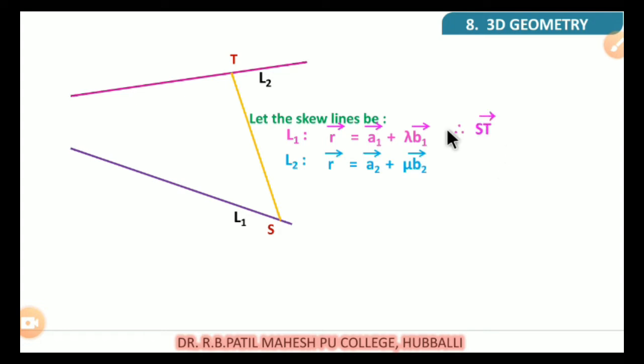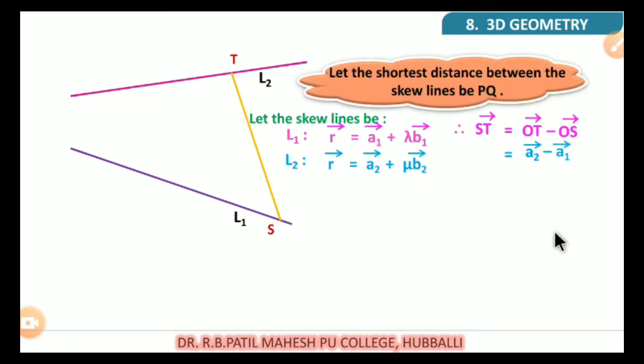Therefore, ST vector can be written as OT minus OS. Therefore, the position vector of the point T, a2 vector, minus the position vector of the point S, that is OS, which is given by a1. Let the shortest distance between the skew lines be PQ.